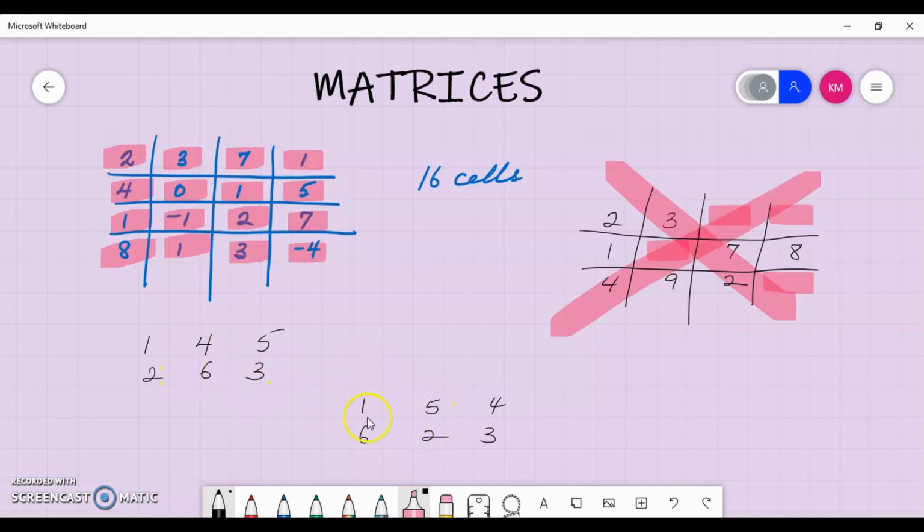These two matrices here are two different matrices, simply because the arrangement of each one of the elements is different.